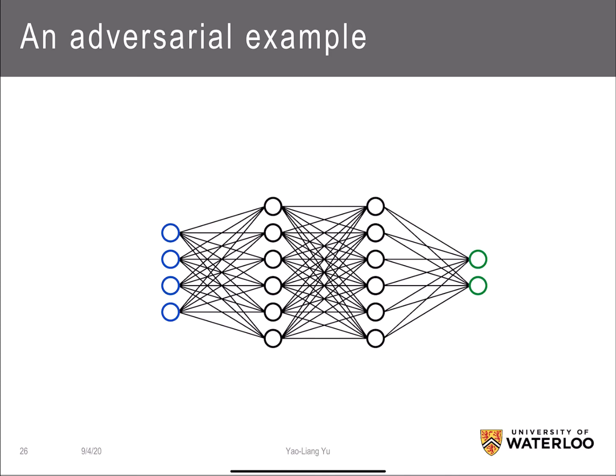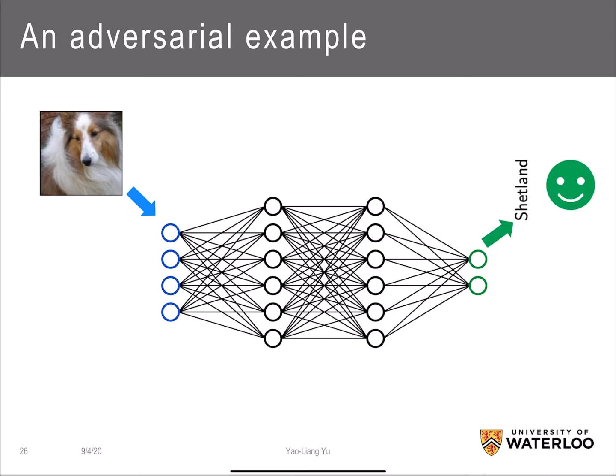And the model works as follows. You take an input, in this case an image, a dog image. You give this input to your machine learning model, and the model does the computation, and at the end it spits out a prediction.